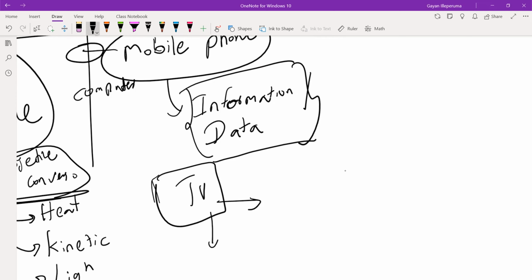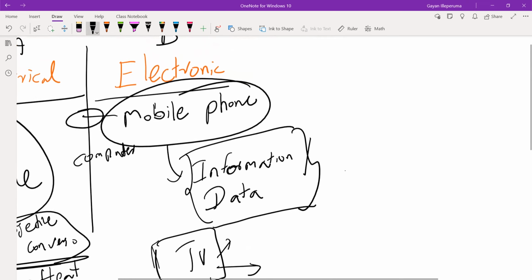TV, information and data. I think so. Yes. It doesn't have to be you think so, because that's the purpose, right? When you are running out of light, you don't use a TV as a light source, right? If you want light, you will use a light bulb, not a TV. You will use a TV either to watch the news or watch a movie, something like that. So it falls under the electronic category.